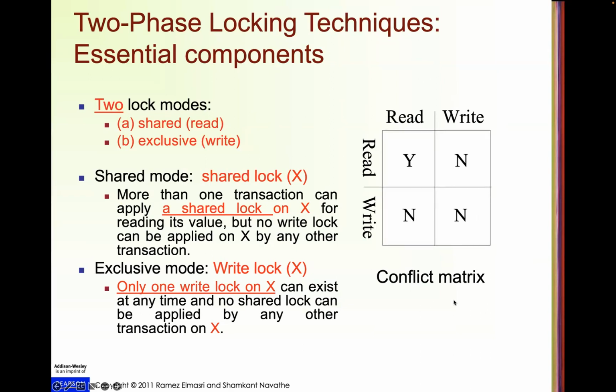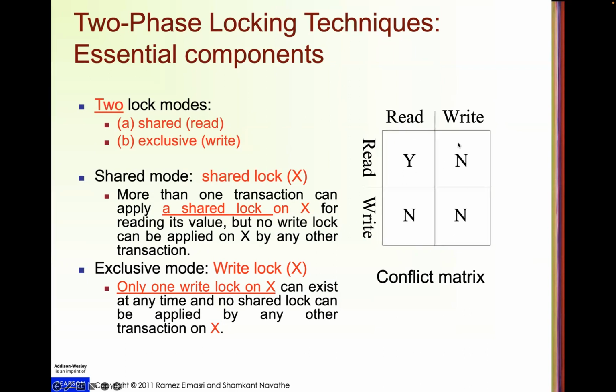A conflict matrix says that a data item can be locked in a shared manner when two transactions are trying to read.